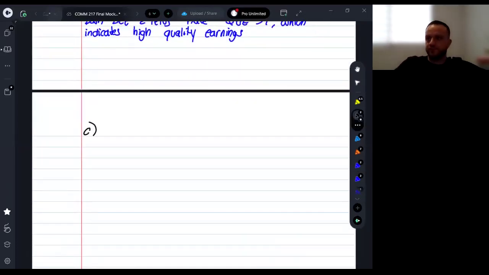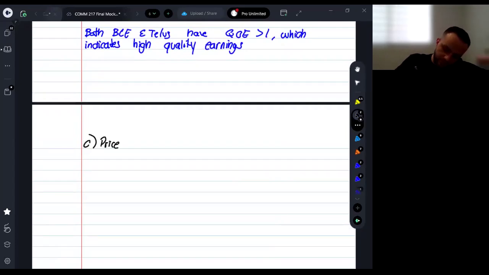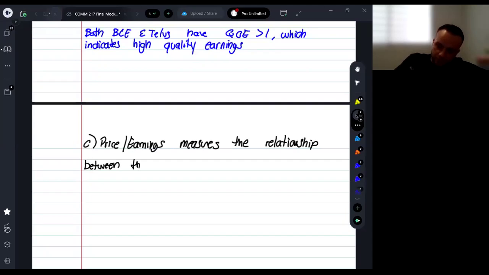So letter C, price earnings. Price earnings measures the relationship between the current market price per share and its earnings per share.